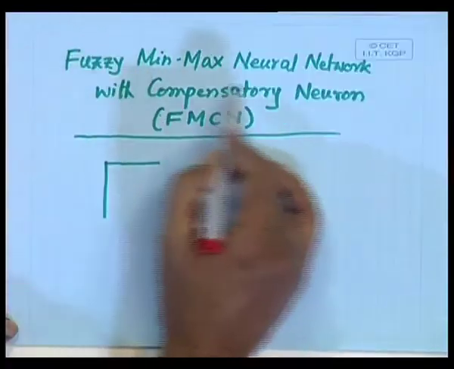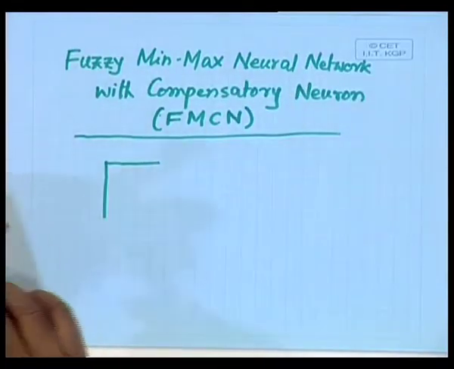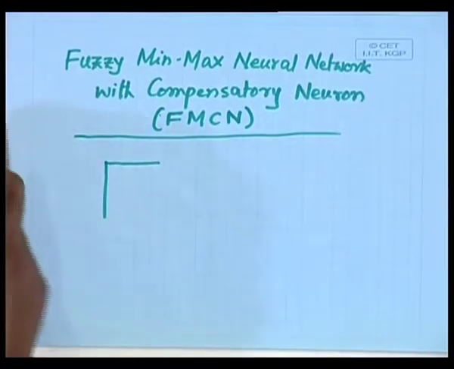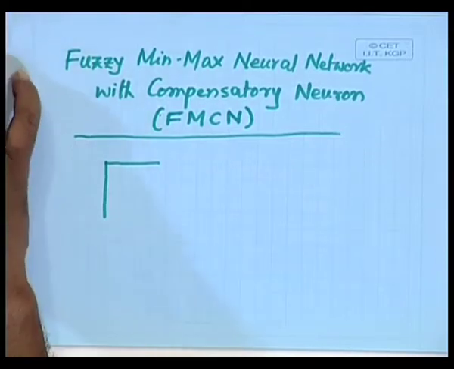when he suggests this min max neural network with compensatory neuron, okay, this is actually inspired by the reflex action of our human brain. What is reflex action? The moment you suddenly touch a hot object, or suppose you put your foot on a nail. Usually, if you have a stimulus, the stimulus information goes to your brain, and the brain instructs what to do next.